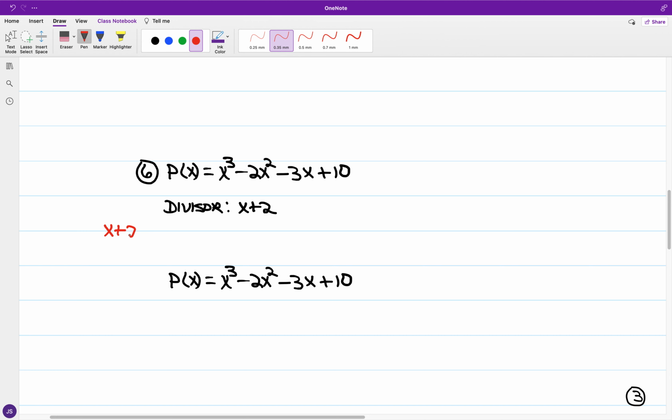In other words, if I have x plus 2 is equal to 0, I have x is equal to negative 2. And just kind of carrying over, we have for the remainder, that is going to be P of negative 2.